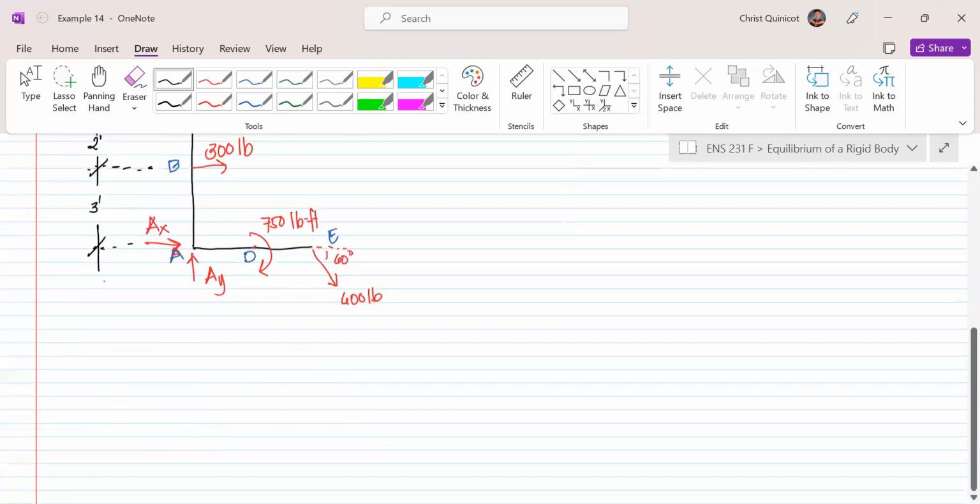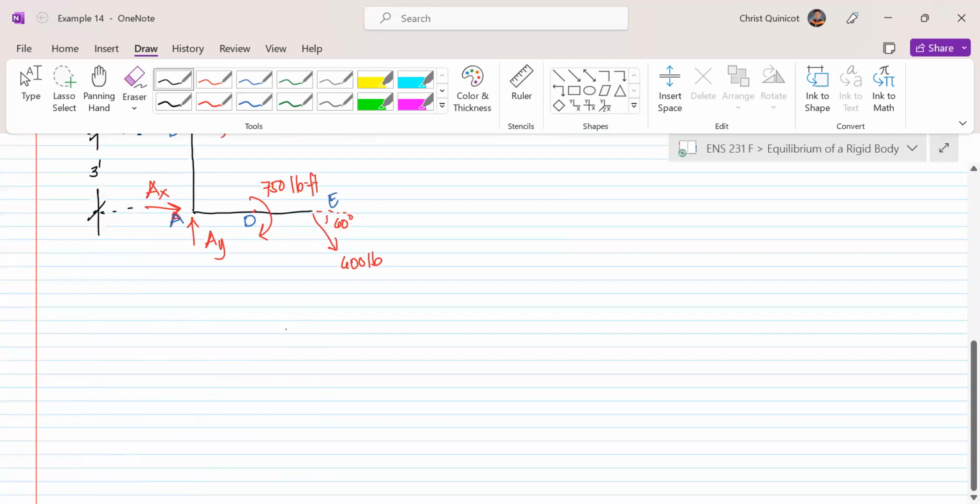From A to D, that is 2 feet, and D to E is also 2 feet.